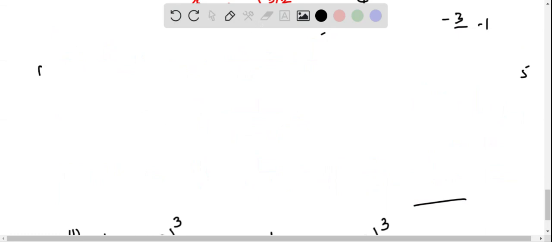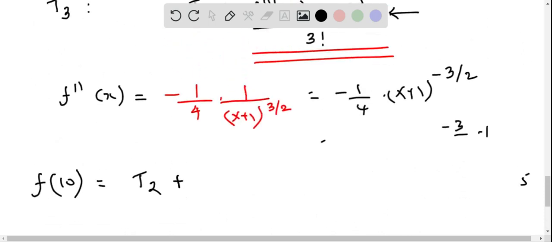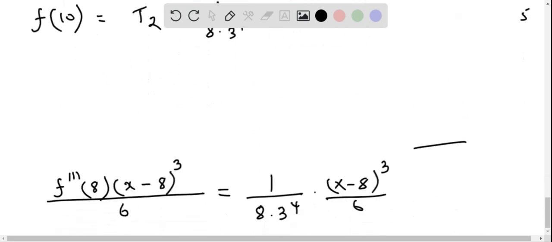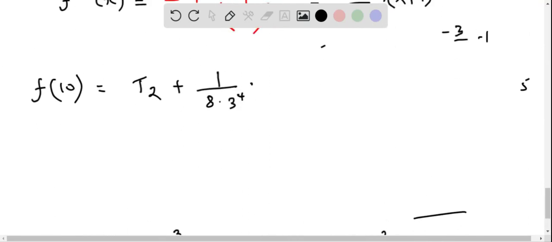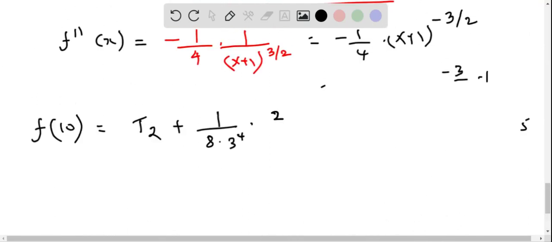So we have to find f of 10. This is equal to T2 plus this quantity, that is 1 by 8 times of 3 power 4 times of, we have to replace x by 10. So when we do that, we will get 10 minus 8, which is 2 cube by 6.